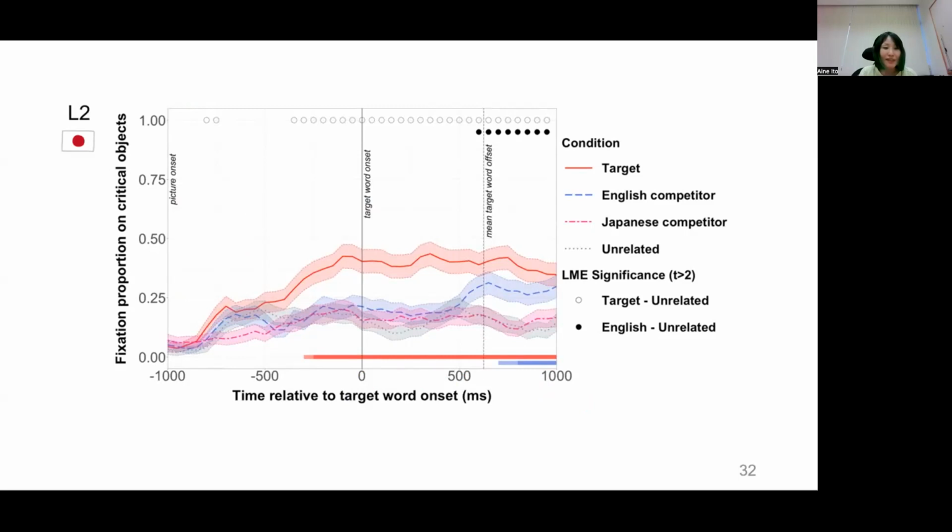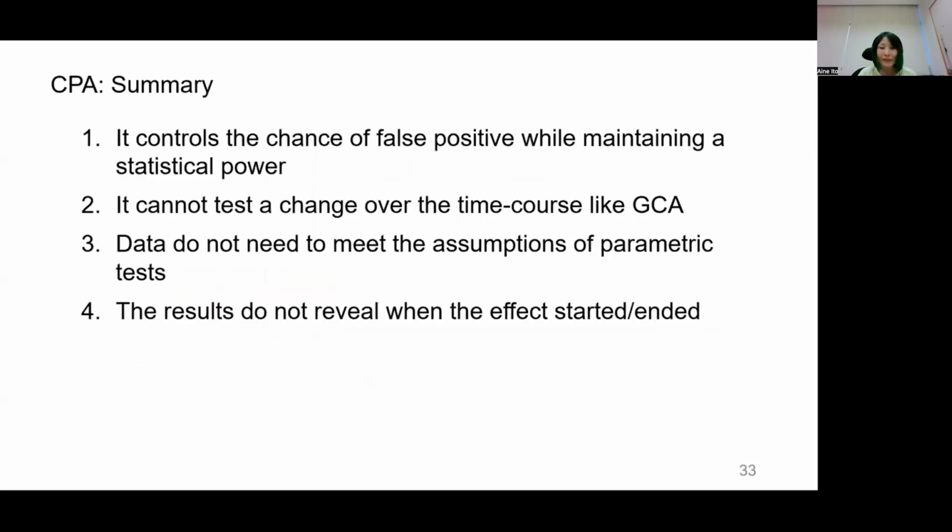Okay, so this is the application of CPA to the data. Just to summarize, the CPA controls the chance of false positives while maintaining statistical power. It can't test change over time like the growth curve analysis. It doesn't really test a linear or peak of these effects. It can only detect the difference between the two conditions.